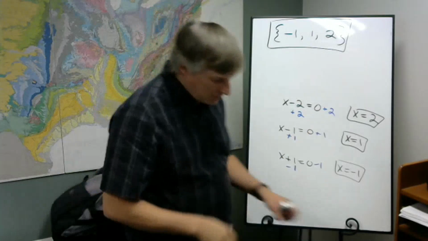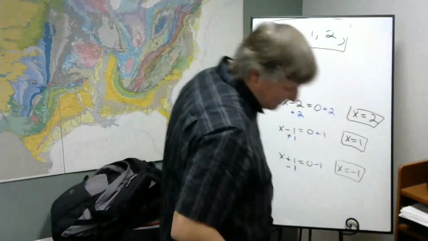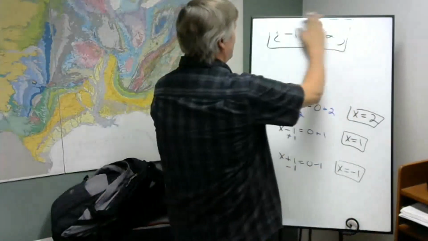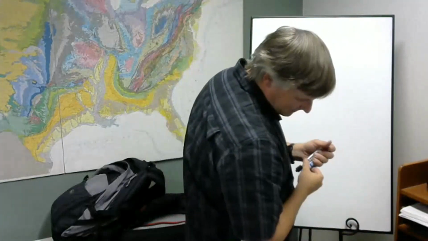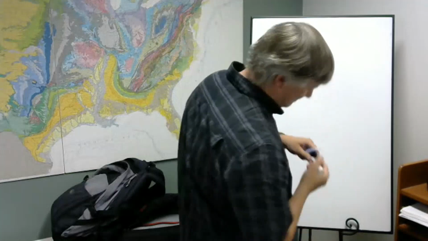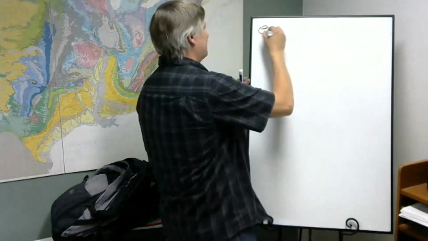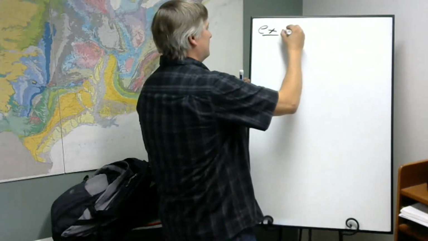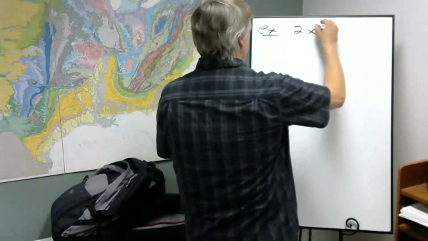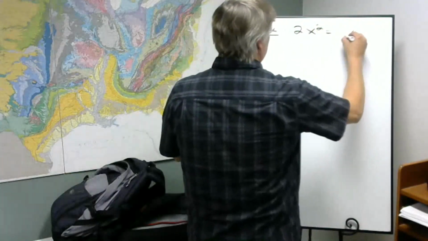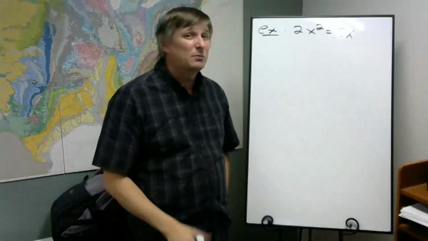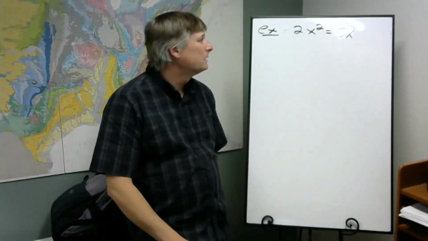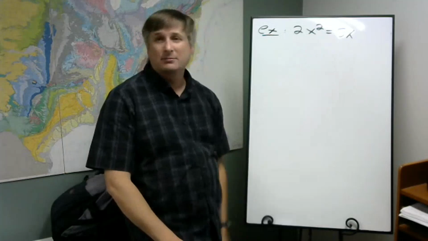Now let me show you a sort of peculiar one that it's easy to make this mistake. Now, the temptation for most students for this type of problem is to divide both sides by x.